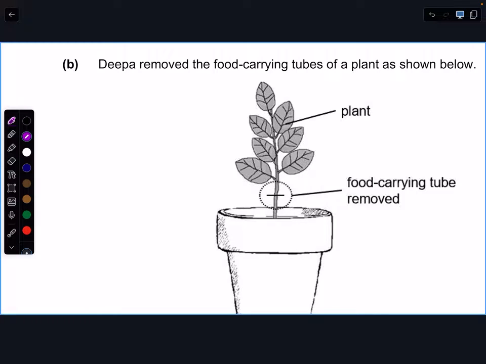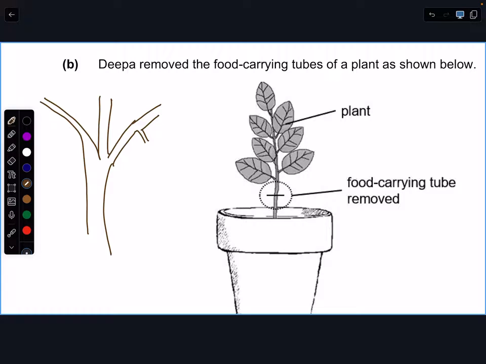If I have a plant, never mind about the ugly drawing. These are leaves, the green part are the leaves, and then after that, this is the fruit.